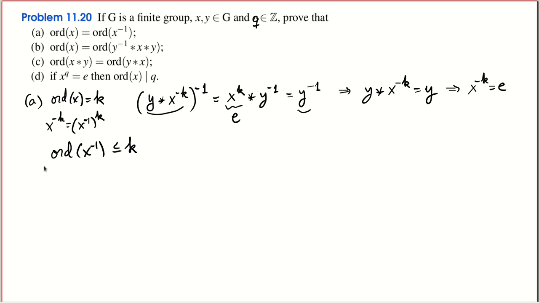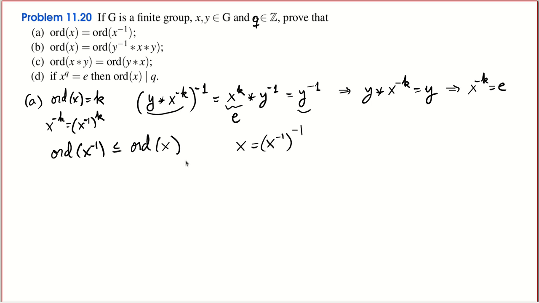Let's try to prove the opposite. So remember, k is just the order of x. What we have just proven is this. However, x is equal to the inverse of x to the minus 1.